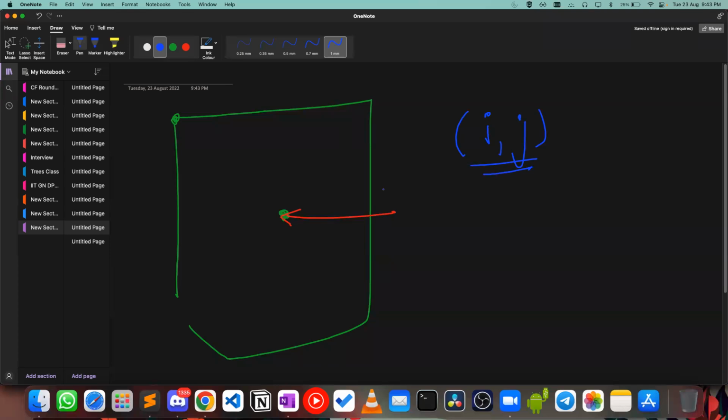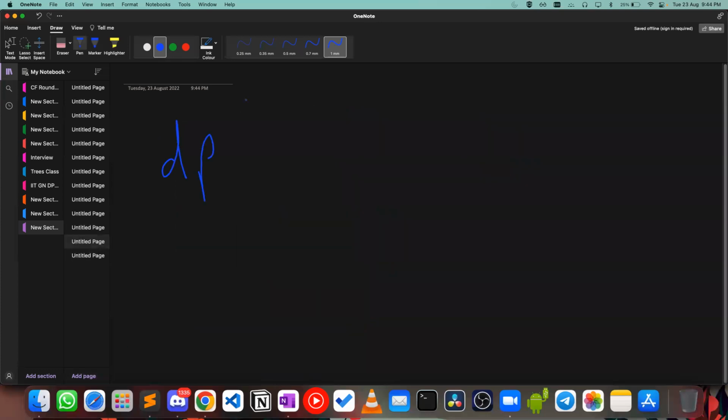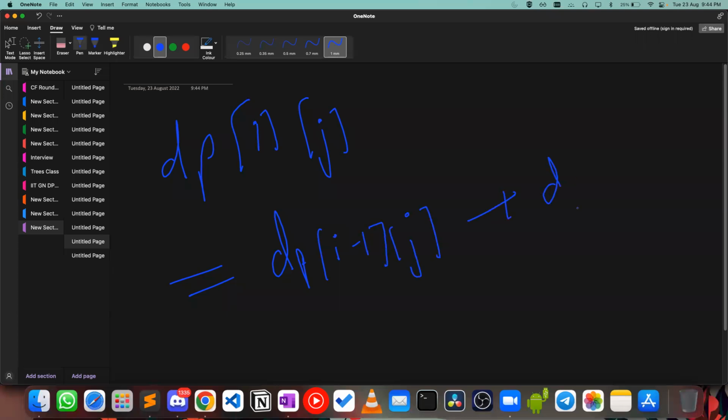What are the two choices I have by which I can reach i, j when starting from 0, 0? Good. Somebody has said i, j minus 1, and the upper direction, which is i minus 1, j. So can I say that DP of i, j will be nothing but trying out both possibilities, the summation of DP of i minus 1, j plus DP of i, j minus 1.